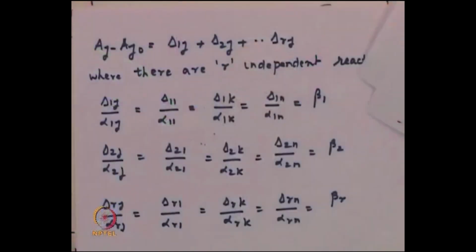Delta 1 j by alpha 1 j. What is meant by delta 1 j by alpha 1 j? Let us just look at that once. What is delta 1 j? It is the change in component j due to reaction 1. You are dividing that by alpha 1 j, the stoichiometric coefficient of component j in reaction 1.